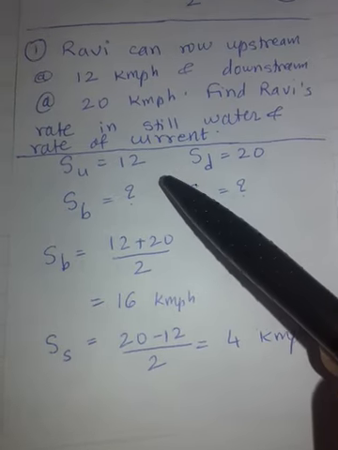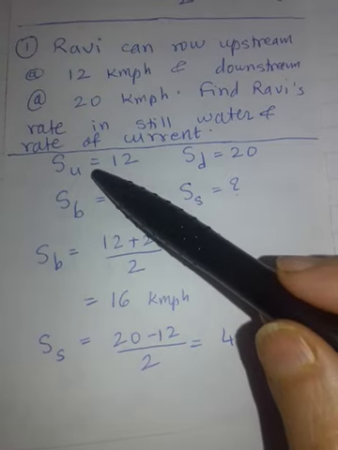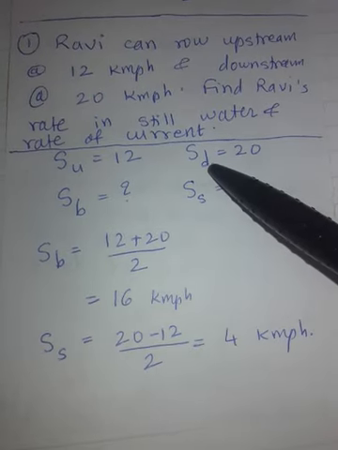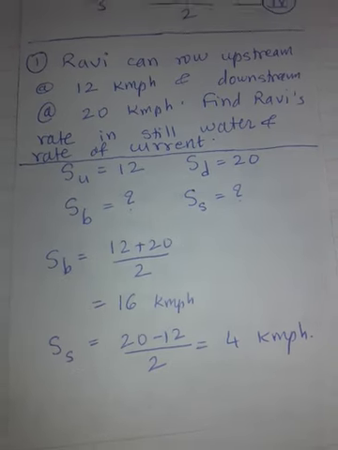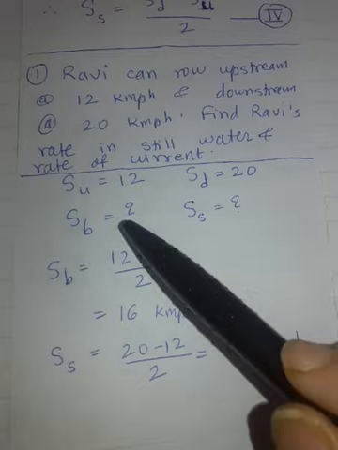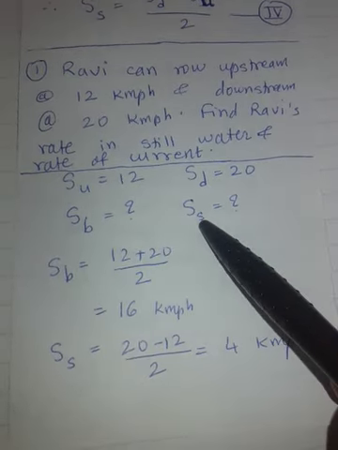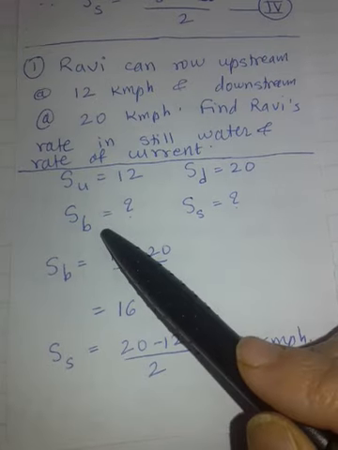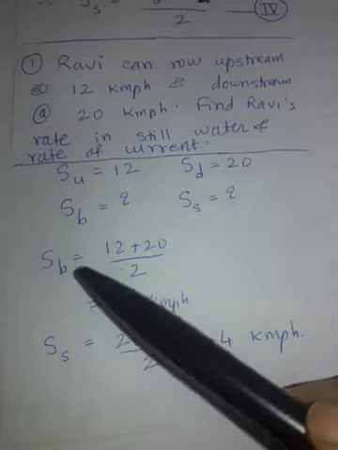ये याद रखना. Sometimes when you calculate, if you get speed upstream more than speed downstream, then be sure that somewhere your calculations are wrong. So take that care. These two quantities are given to us and the question is about rate of current, that is SS, and rate of boat in still water, that is SB. Now very easy formulae are there.